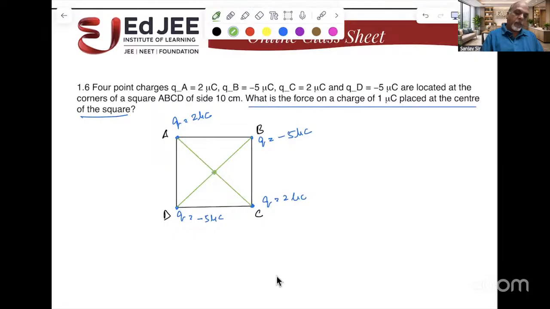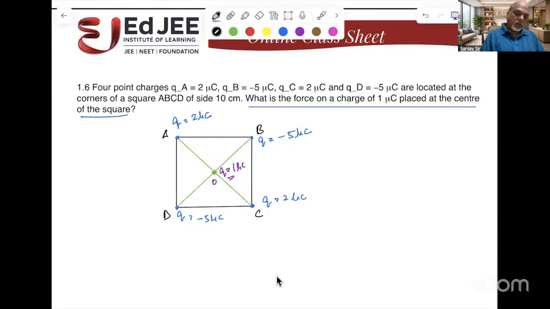Suppose the center is O, and there is one charge of 1 microcoulomb there. Correct. Now, let us find out the forces at the center due to this charge configuration.